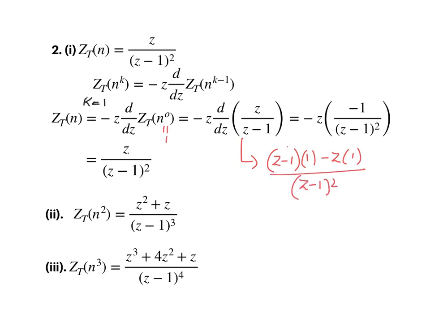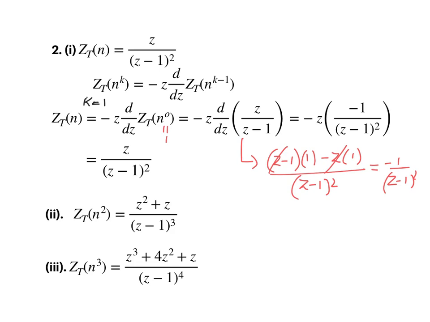Minus z plus z gets cancelled, we get minus 1 divided by z minus 1 whole square. So we have outside minus z, and this minus 1 divided by z minus 1 whole square, both minus into minus gets cancelled, and we get z by z minus 1 whole square. So this is z transform of n.